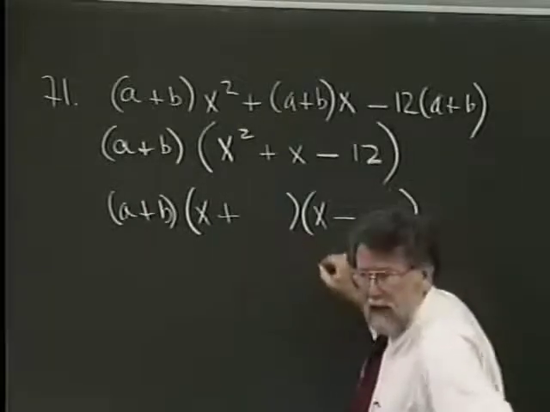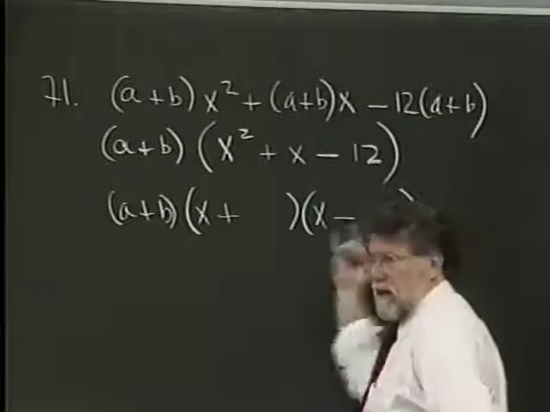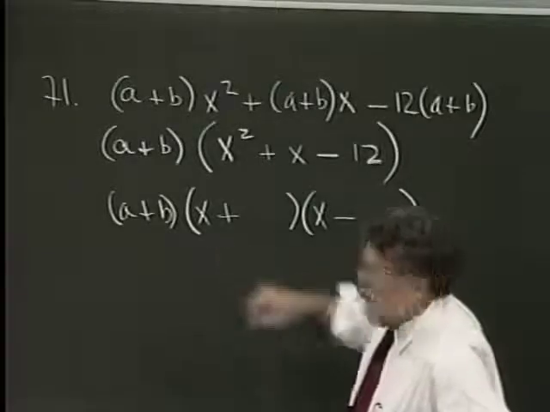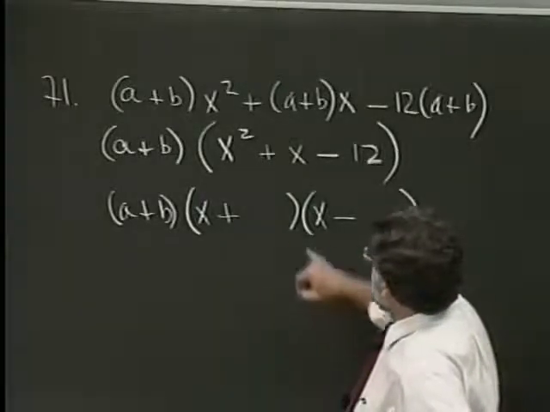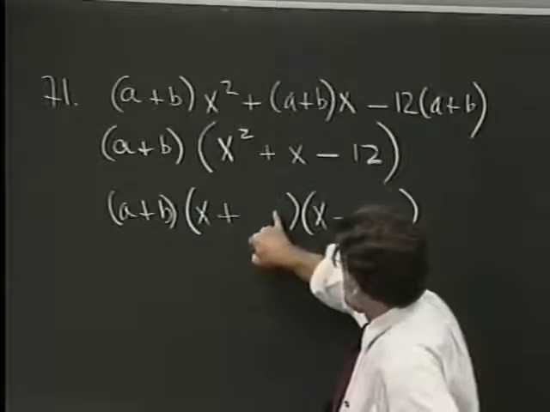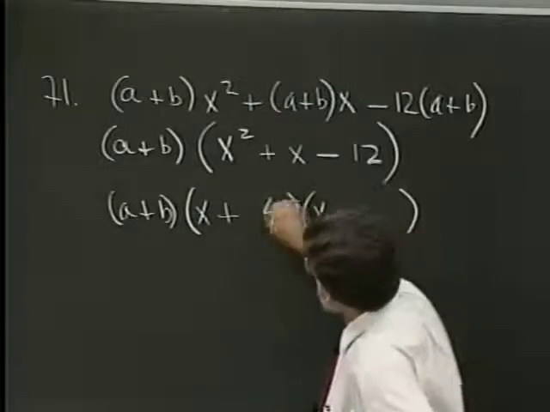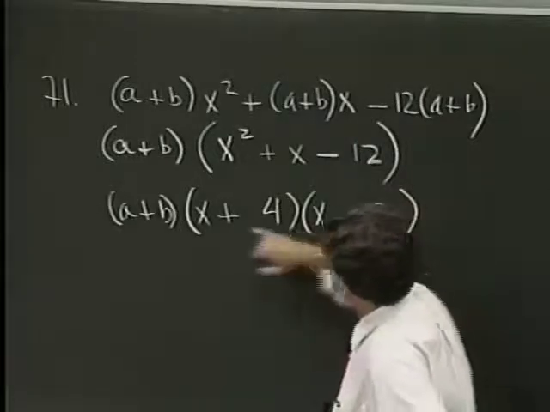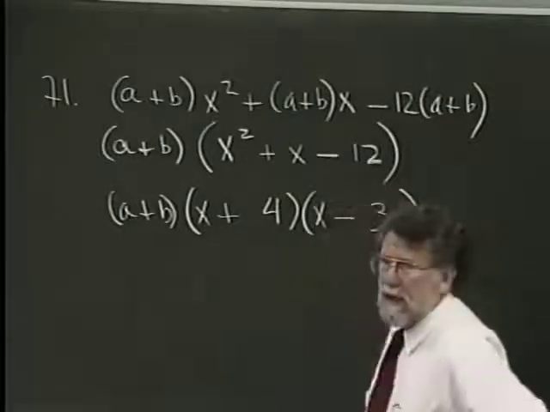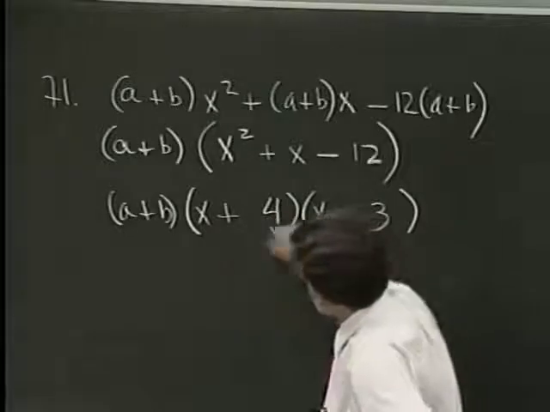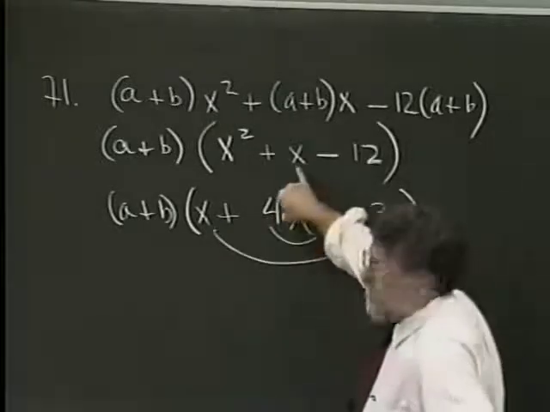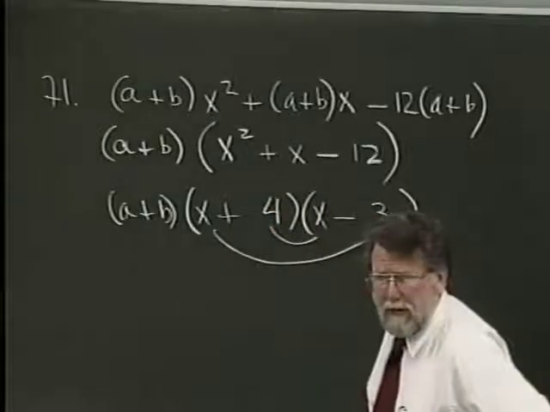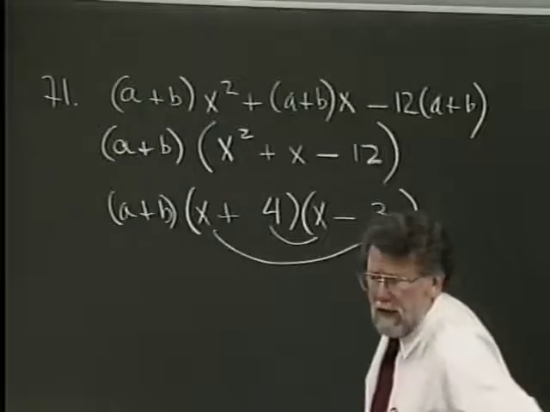But by commutativity, this can be flip-flopped, and it will work. I need a positive with the what? With the 4, and the negative with the 3, so when I do the inners and the outers, I end up with a combination of 1x. That would now be factored completely.